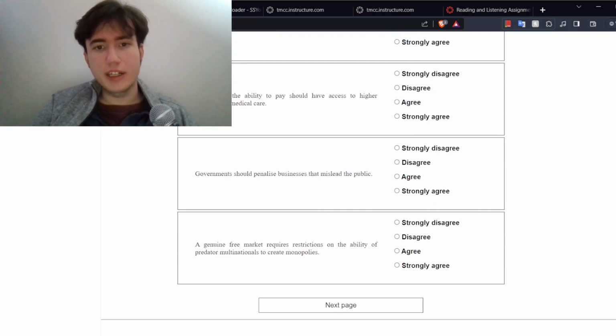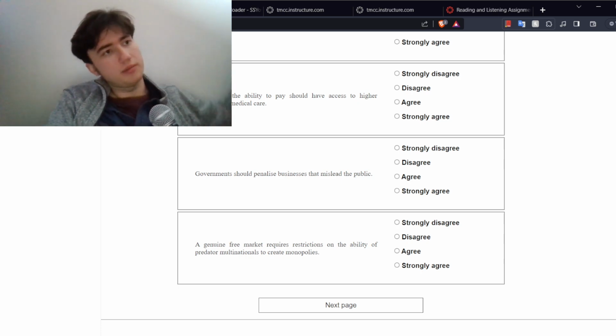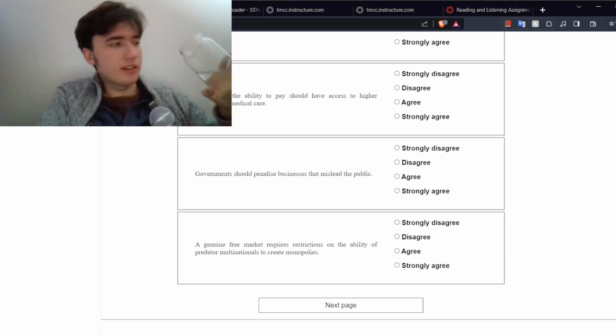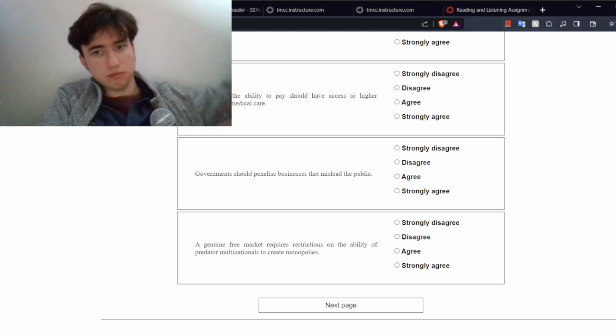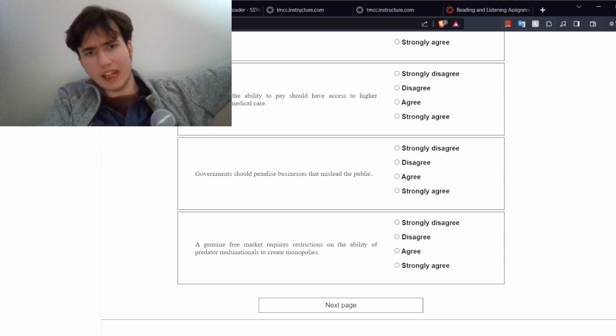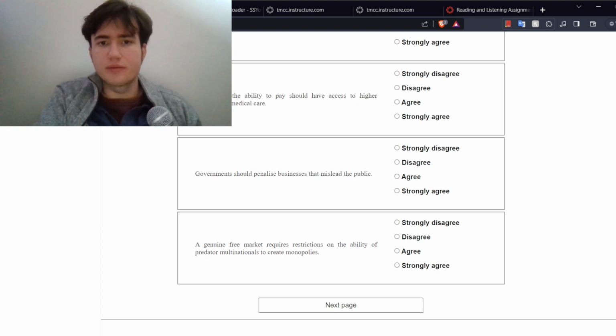Those with the ability to pay should have access to higher standards of medical care. This is an interesting question. It's a part of the whole debate around public health care. I don't really know what to think about it.